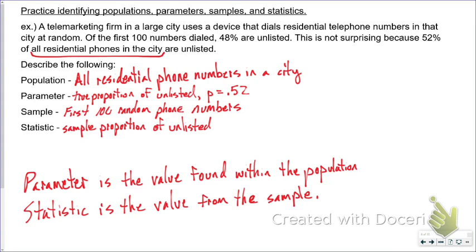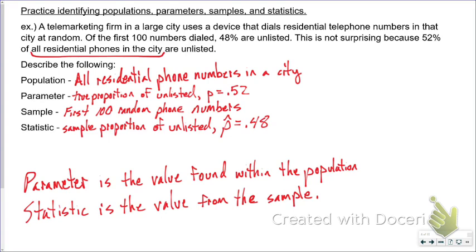Which is a different symbol and a different answer. P hat, and it was 48%, so 0.48. All right, take a look at that. Hopefully it's clear. Fix that 0 there.